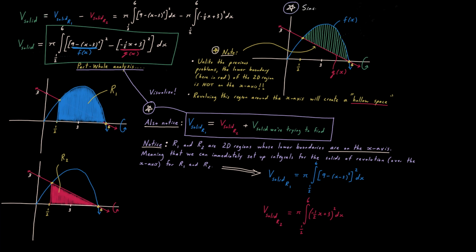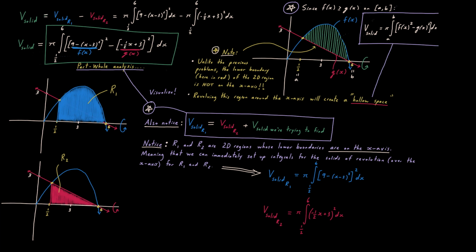But notice if I call that top function f and that lower function g, I can express this more tersely, formula-wise, as the volume of the solid equals pi times the integral from a to b, lower bound to upper bound, of the top function squared minus the bottom function squared. We'll talk about this more in class and in future videos as well.